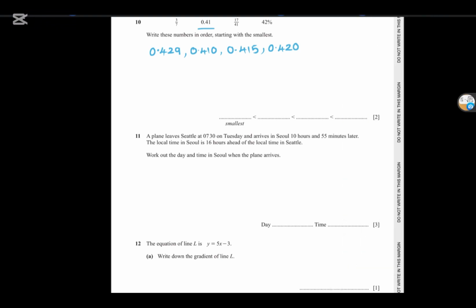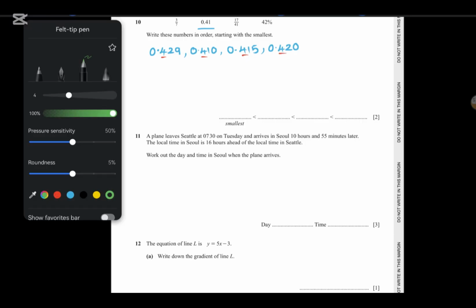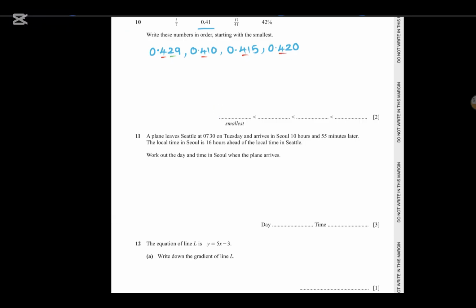Compare each place. See the first decimal place, which is 4, all are equal. Next see the second decimal place: 2, 1, 1, 2. So these two are the same. But in this, which is the smallest? Go to the next decimal place, because I got the same value, and compare only these two. The third place 0 is less than 5.